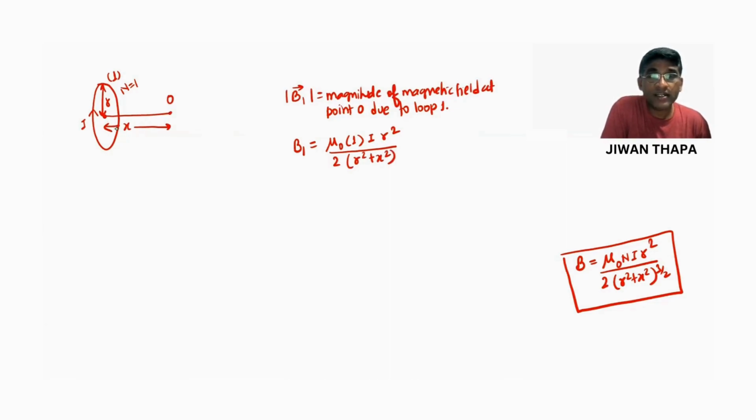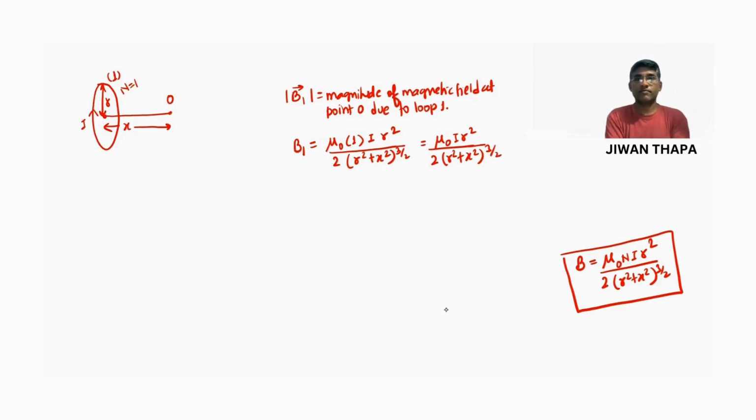Point O is at X distance from the center of the loop 1, okay, and whole power 3 by 2. So we can write mu naught I R square divided by 2 (R square plus X square) whole power 3 by 2. So we have this.